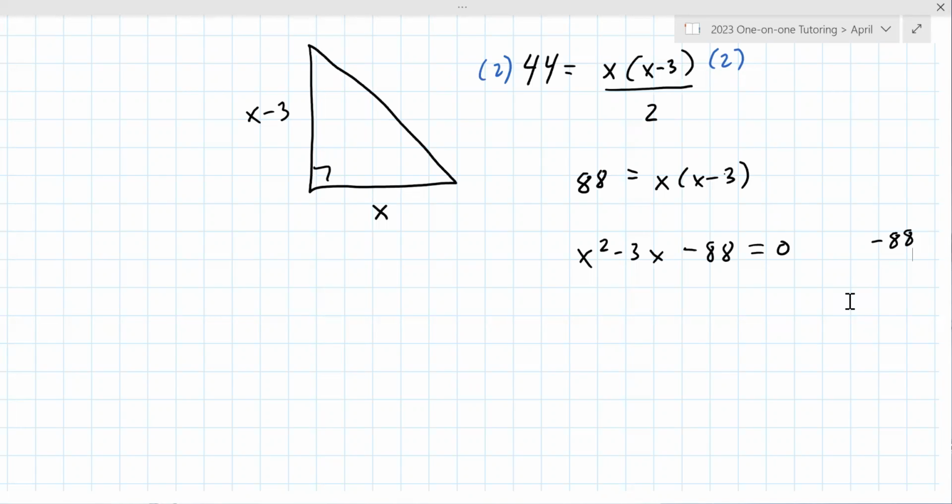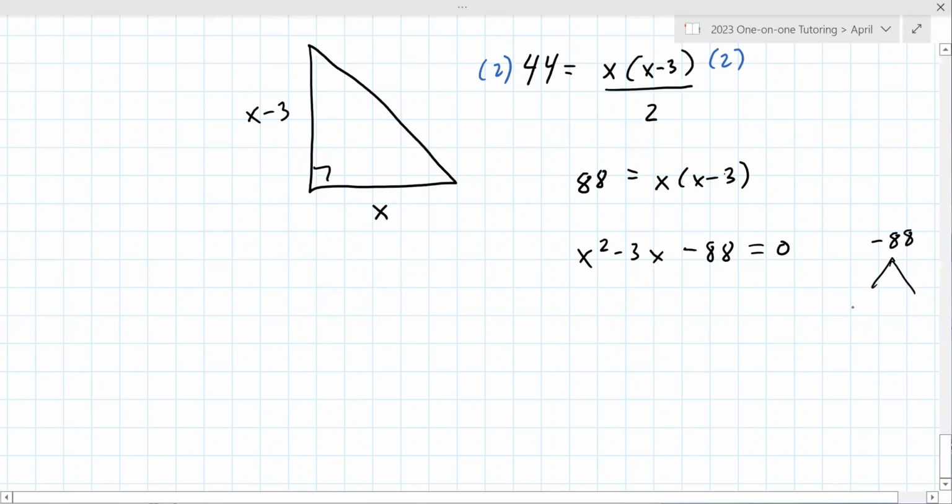Wait, which two numbers have to add up to -3? So it's the two pairs here, like it could be -1 and 88, which add up to 87. They're too far apart. Oh, okay. Or like -2 and 44. That's getting closer, but not much better.